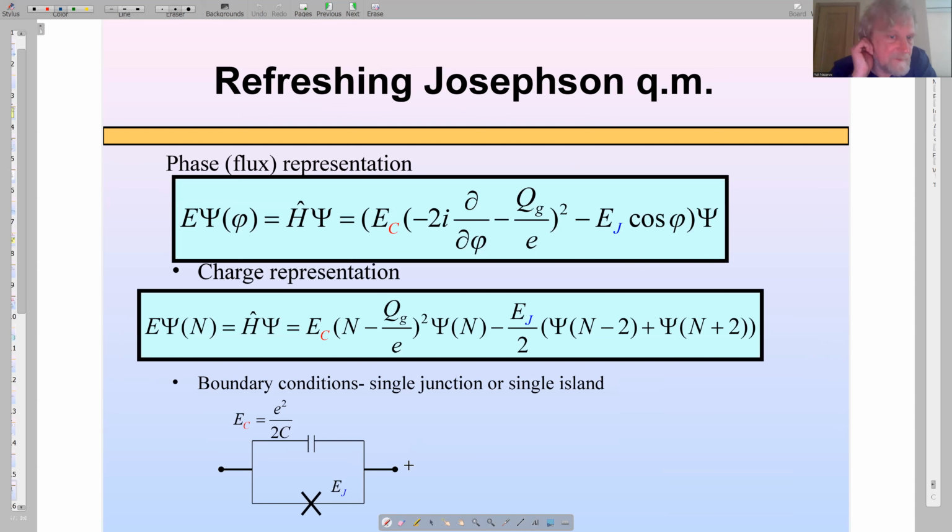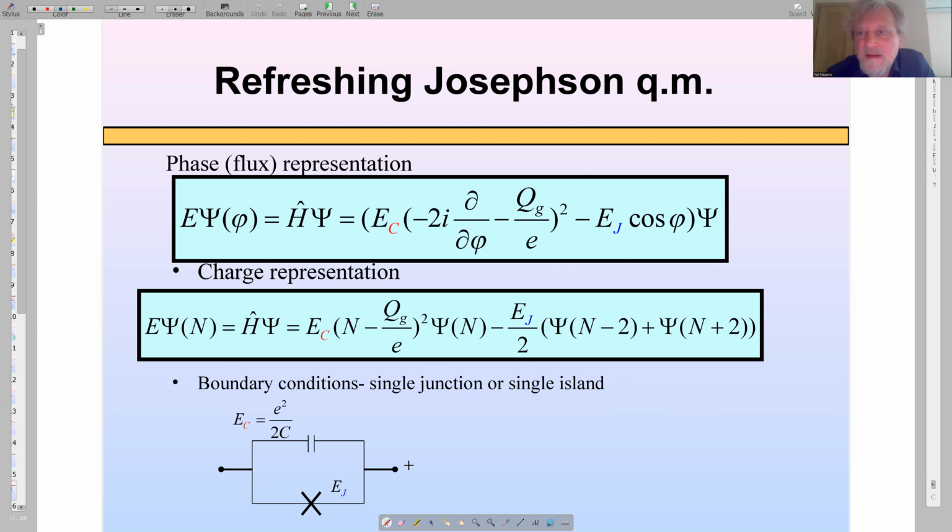All right, let me talk about Josephson. Let me first refresh Josephson quantum mechanics, which we discussed in lecture number 7, I believe. So a single Josephson contact can be seen as a quantum system with a Hamiltonian, and one can treat this Hamiltonian in two representations.